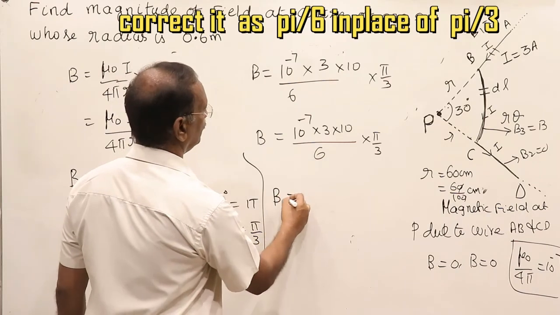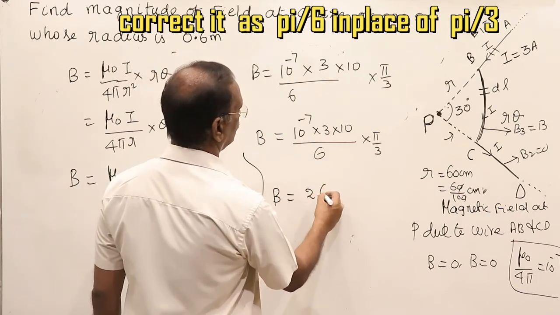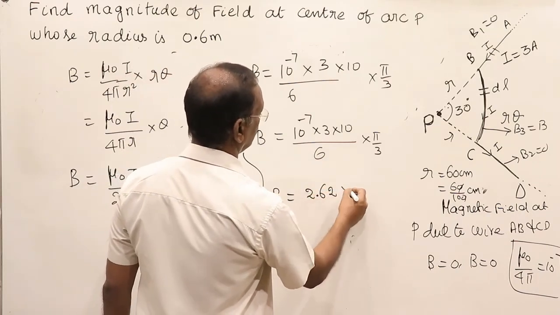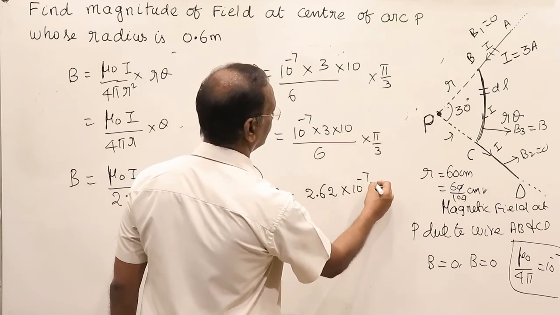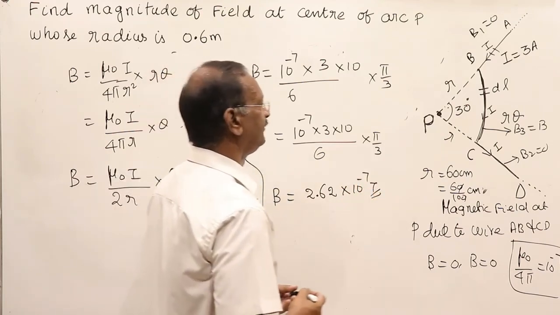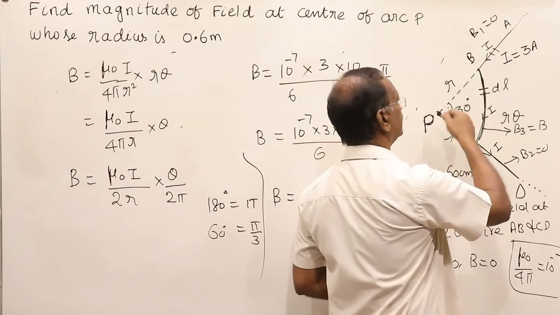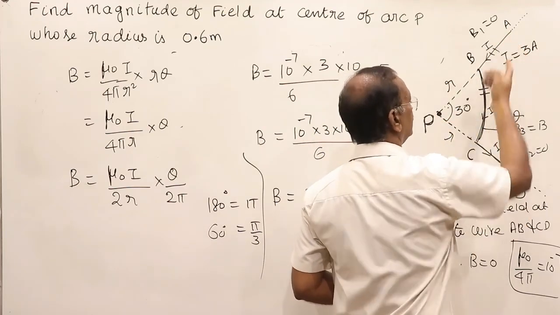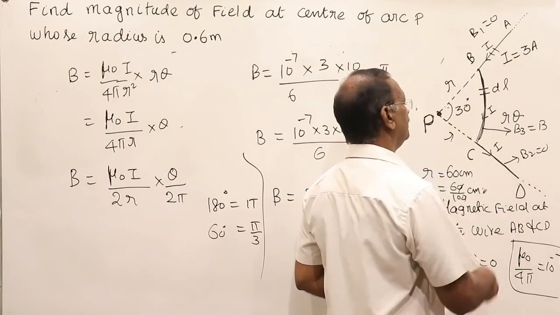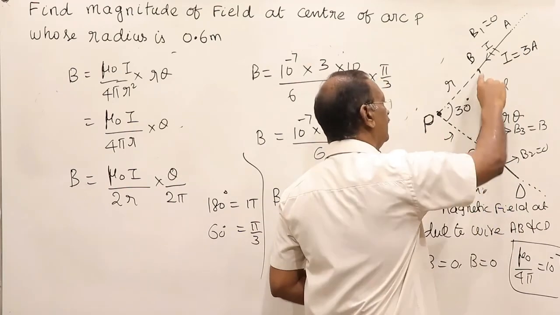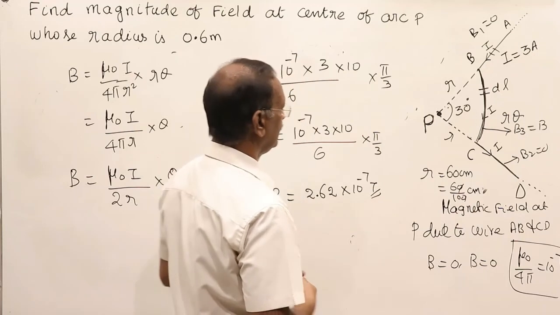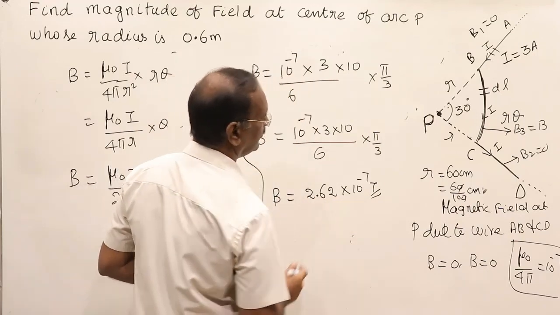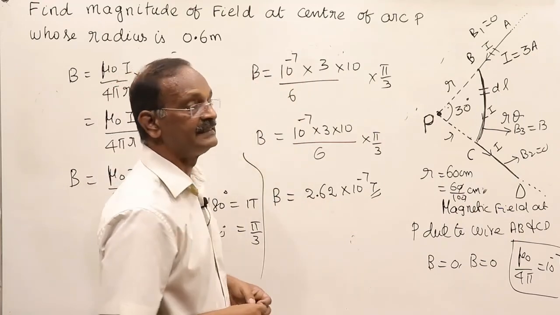Therefore, the value of B I am calculating is equal to 2.62 into 10 to the power minus 7 Tesla. So, the magnetic field produced at the center of the segment due to the current flowing through this conductor, this is producing zero magnetic field, this is producing zero magnetic field at this point, and this portion is only producing a magnetic field of 2.62 into 10 to the power minus 7 Tesla.